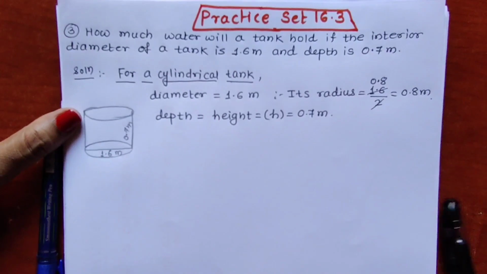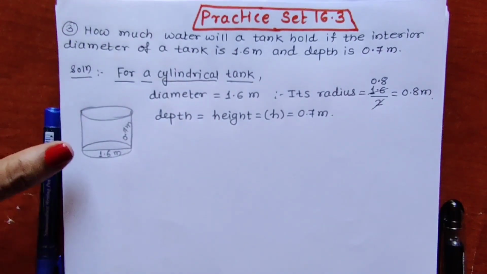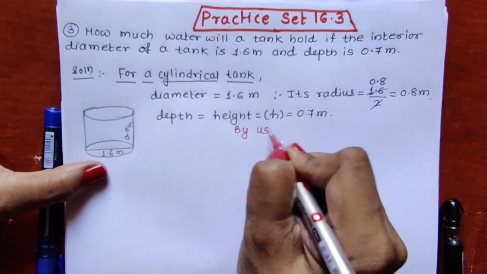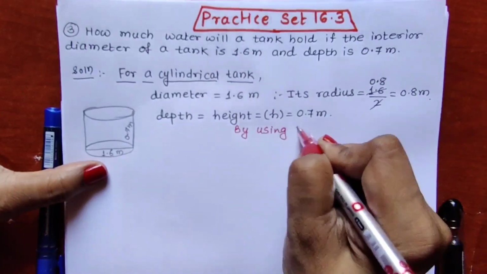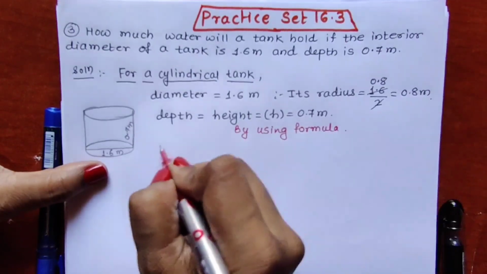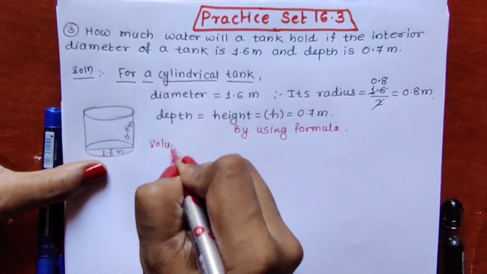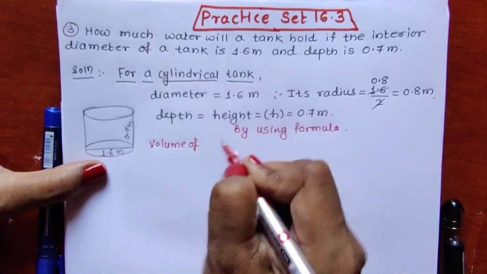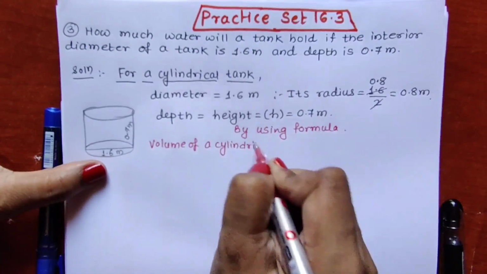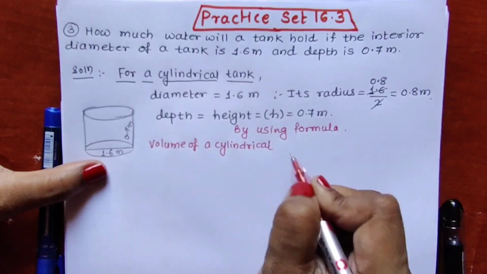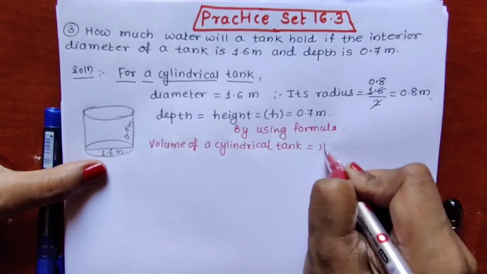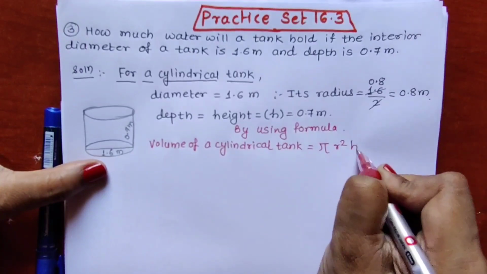Now we will be using the formula to find the volume of this tank. By using the formula, volume of a cylindrical tank is equal to pi r square h.